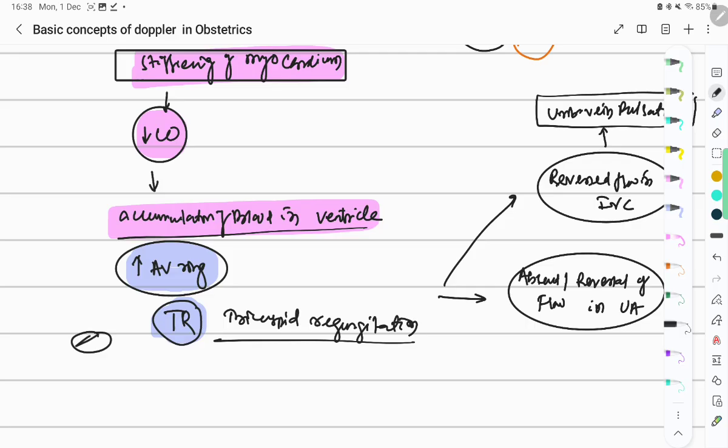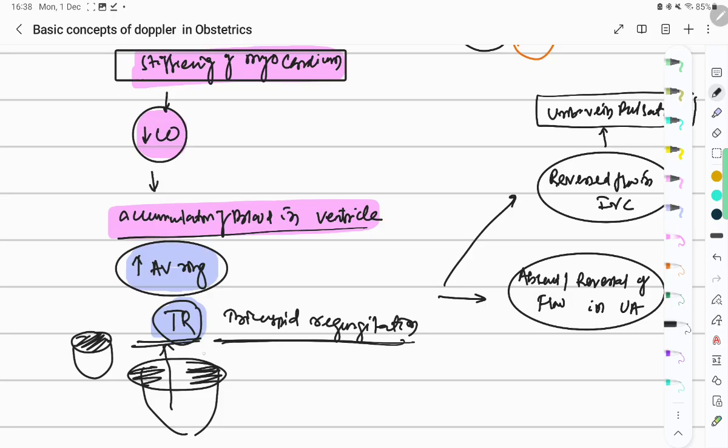It is like this, and there is a tricuspid valve. Because of the accumulation, the heart becomes like this and the ring is getting dilated, but the valve is only this much. So the valve cannot resist all the blood, and there will be regurgitation, called tricuspid regurgitation.